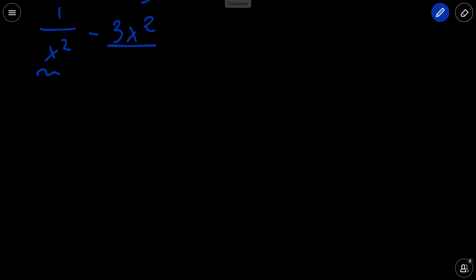We can rewrite the second one as over 1. We want both of them to be over the same number. So let's have a look. How do we do this? We would multiply the right-hand side with x squared. So what does that give us?